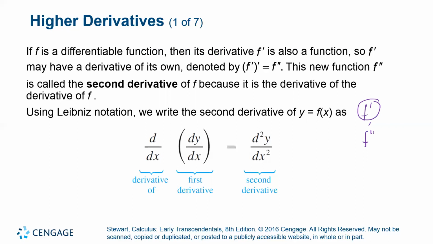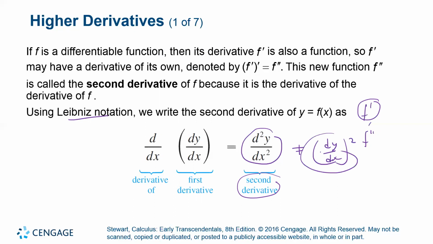But using Leibniz notation, if I differentiate, you have dy dx. If I differentiate again, this is how we write it. This is a second derivative. Please, this is not the same as dy over dx all squared. Please don't think of it that way. This is an operator. It means differentiate the first derivative again.